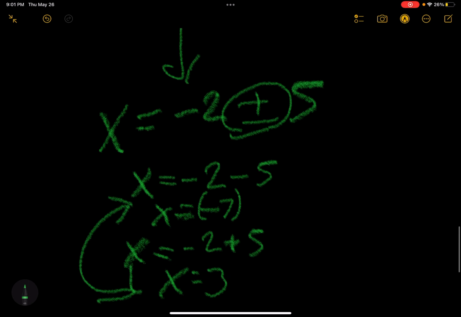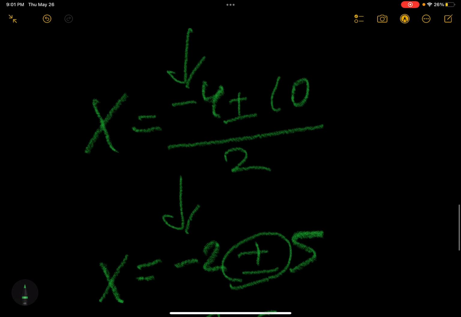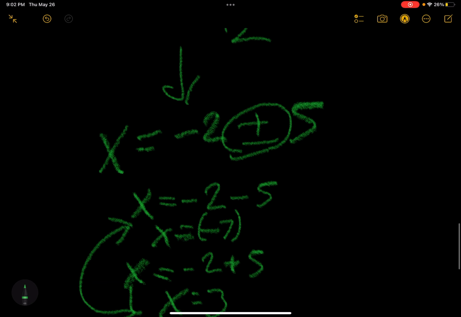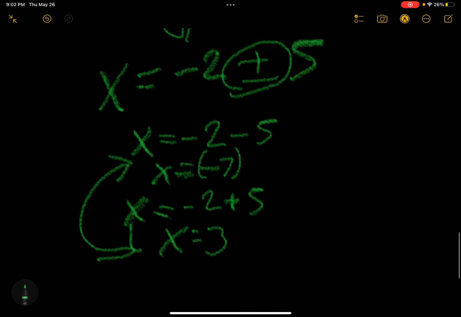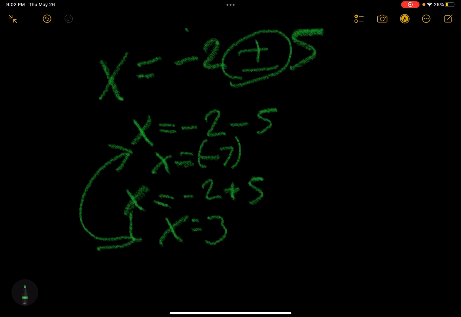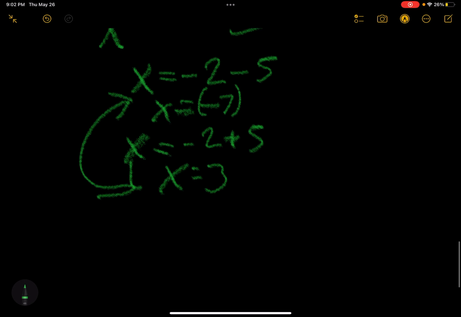Pretty cool. Let me just check my work real quick. So I want to make sure I'm giving you guys the right information. So negative 2 minus 5, negative 7, this should be right. Negative 2 plus 5, that's equal to 3, okay. So now these are 2 roots.